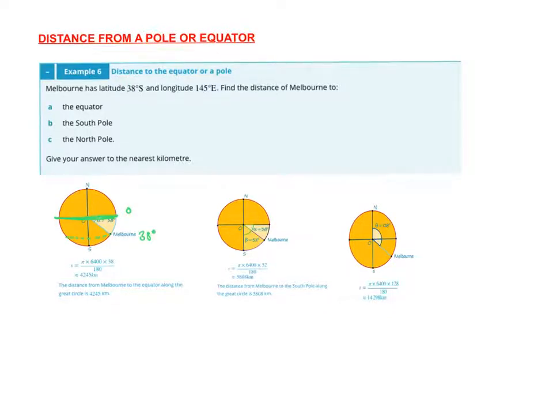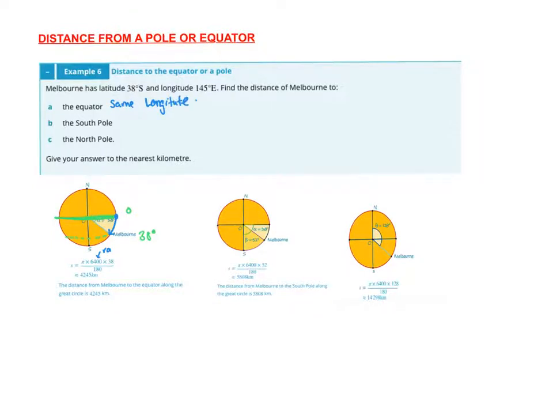So when we go to find the distance between them, we can just pretend we're on the same longitude and we're going around like that. So we can use the radius of a circle. When they say find the distance to the equator, we're on the same longitude.